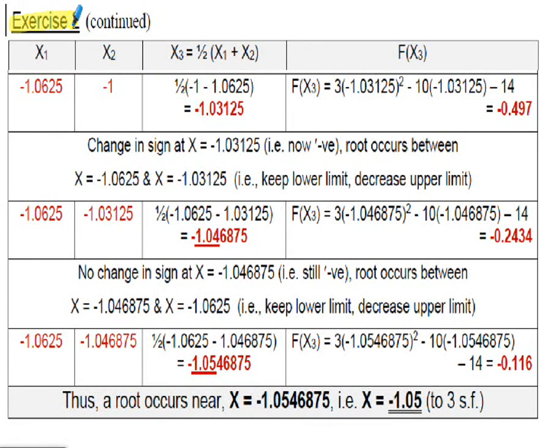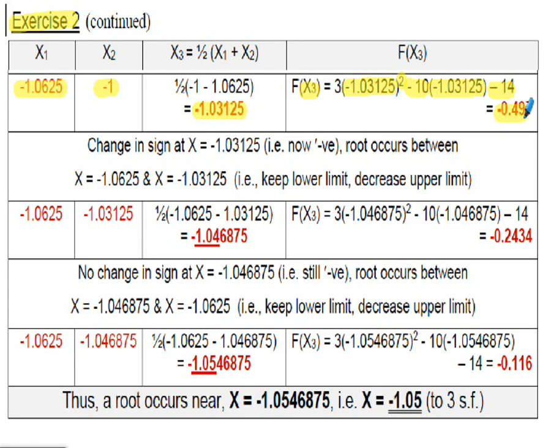Exercise 2 continued. So our fourth iteration is between an x1 value of negative 1.0625 and x2 of negative 1. Working out the x3, the average of the x1, x2, gives us a value of negative 1.03125. And putting the value of x3 into our functional equation, we get 3 multiplied by the negative 1.03125 squared minus 10 multiplied by the negative 1.03125 minus 14.